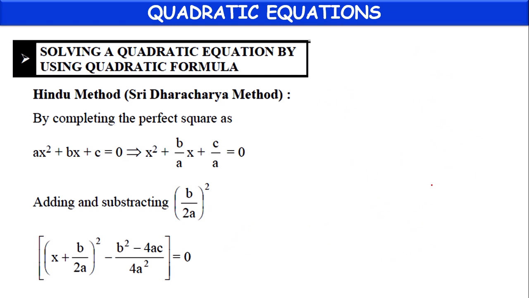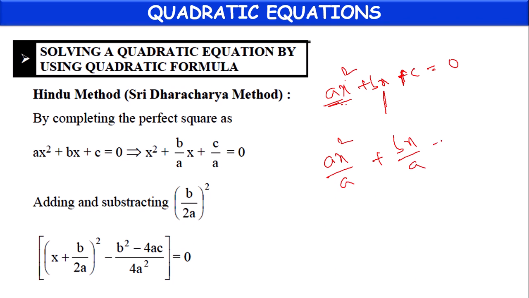So let's repeat the method once again, children. We have ax square plus bx plus c equal to 0. This is the equation. The middle term has to be in the form of 2xy. So what we are doing? First, in ax square, a is there, so we have to divide by a. Ax square by a plus bx by a plus c by a equal to 0.